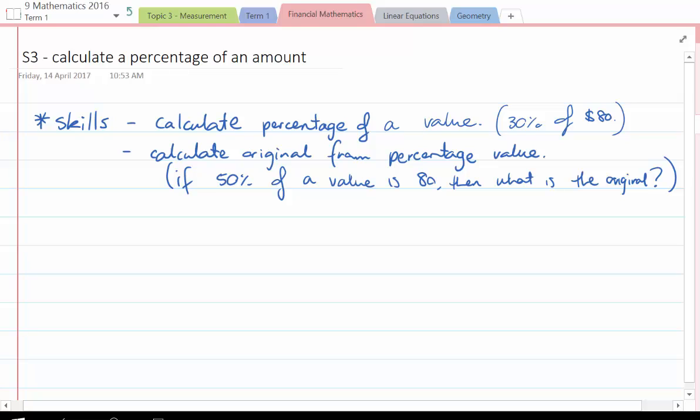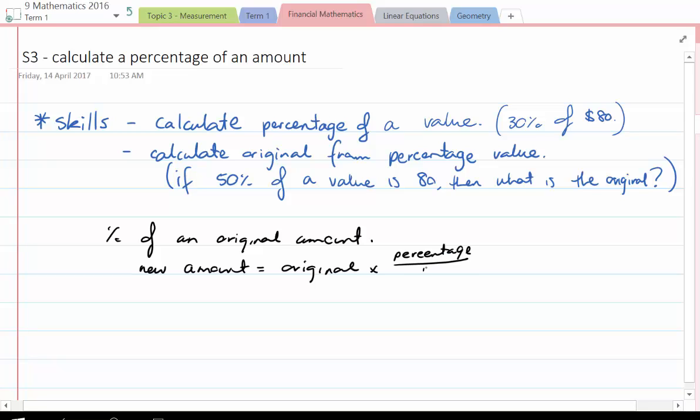Now, it's just a simple rearrangement of our percentage rule, but if we're finding the percentage of an original amount, then the new amount is going to be the original amount multiplied by that percentage value on 100.